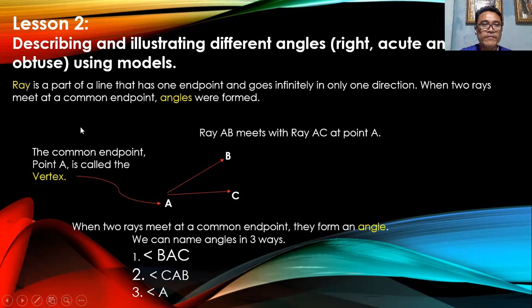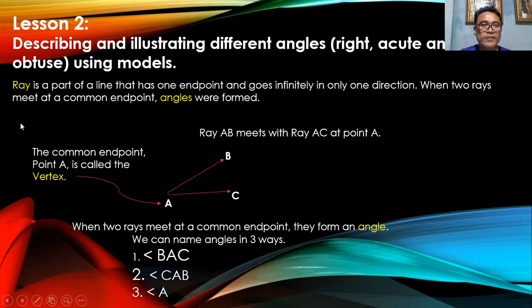Ray is a part of a line that has one endpoint and goes infinitely in only one direction. Ray AB is an example of ray. And also ray AC is an example of a ray.